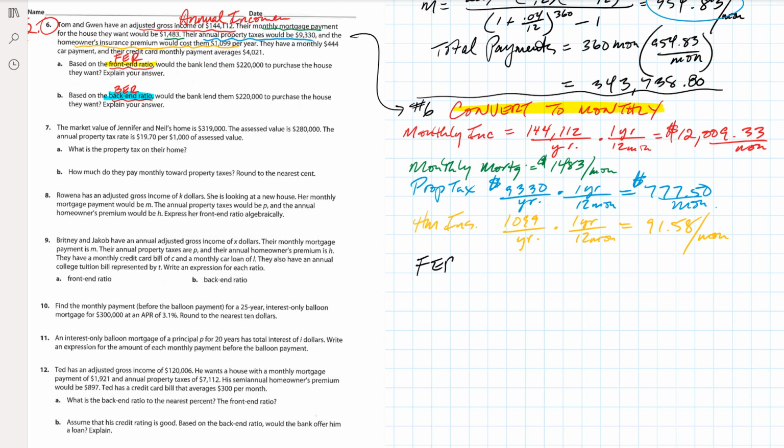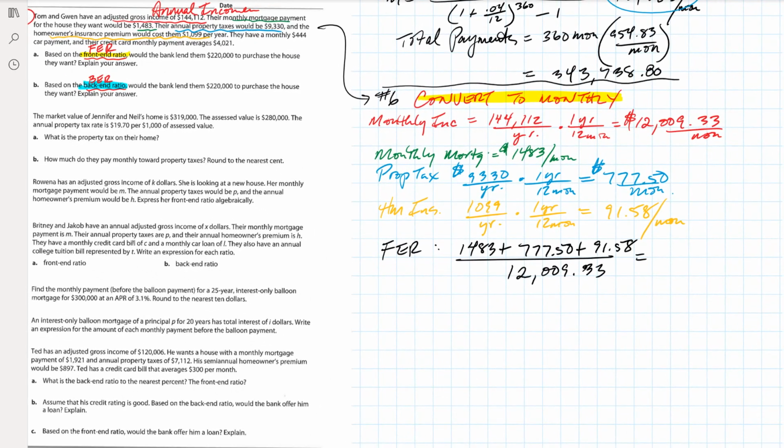We take the mortgage payment, $1,483, plus the monthly property tax, $777.50, plus the homeowner's insurance, $91.58, and divide that by the total gross income, which is $12,009.33. We get a percentage, and this is the front end ratio.